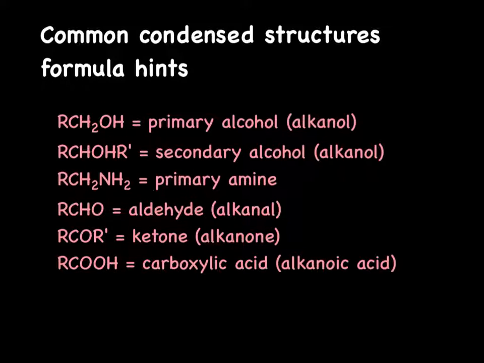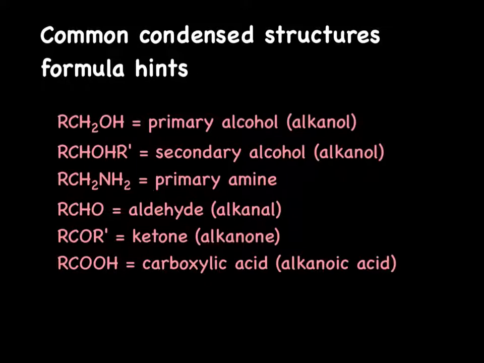The same applies to the amine structures, in other words, an NH2 instead of an OH. And we see a primary amine is shown with the NH2 group added to the end of the chain. Now, if we have the C double bond O added to the end of the chain, we form an aldehyde.